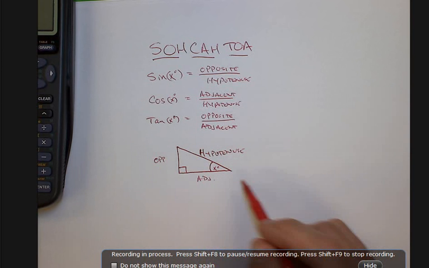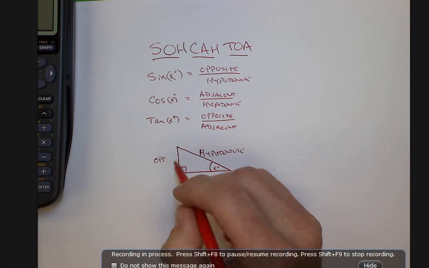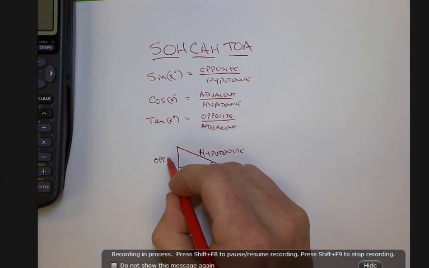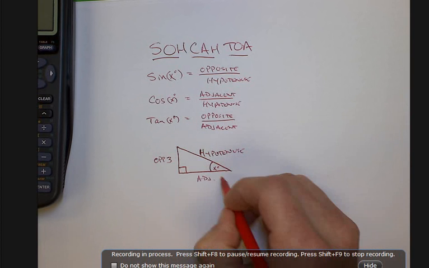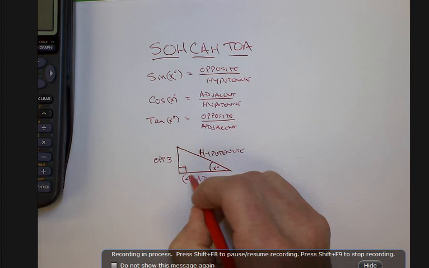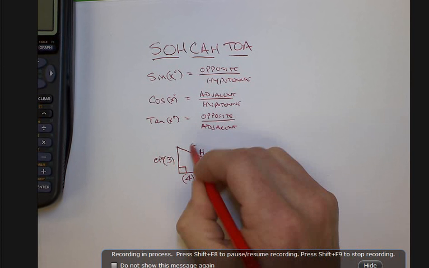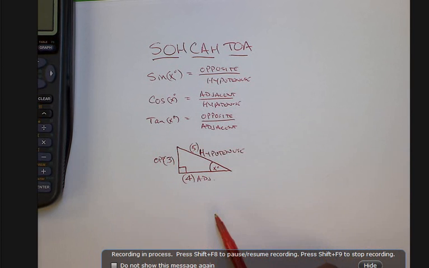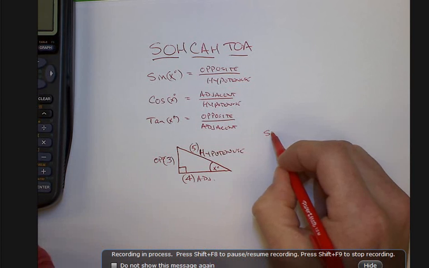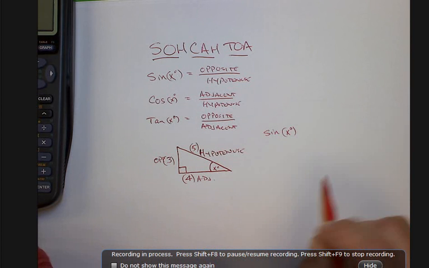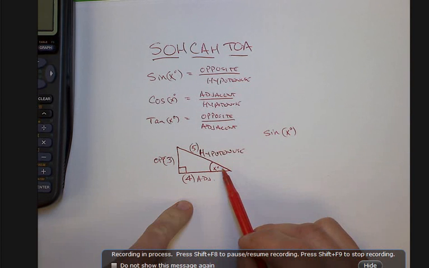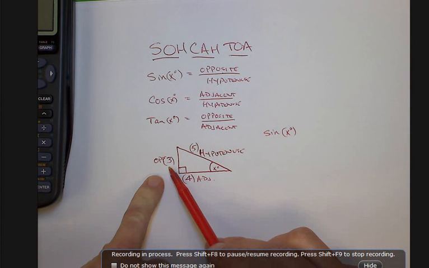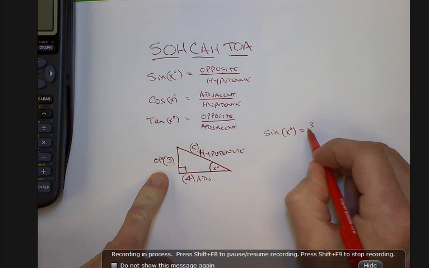And so let's use these examples to show you. Let's say that this is a special right triangle. Let's say that this is 3 units, this is 4 units, and then this would be 5 units. You can use the Pythagorean theorem to see that 3 squared plus 4 squared does equal 5 squared. So then we would say that the sine of x degrees is equal to opposite over hypotenuse, so opposite is 3, hypotenuse is 5.